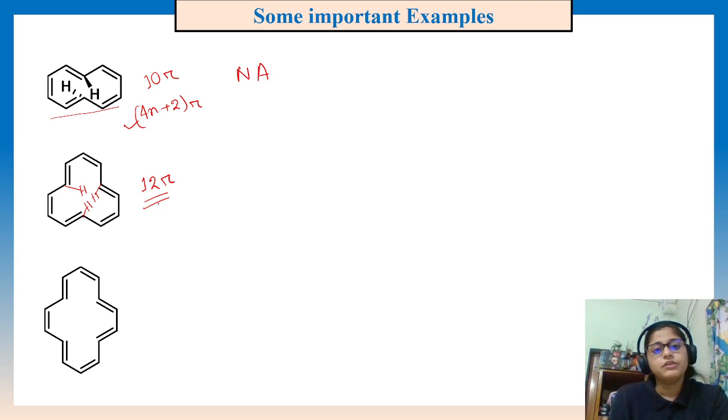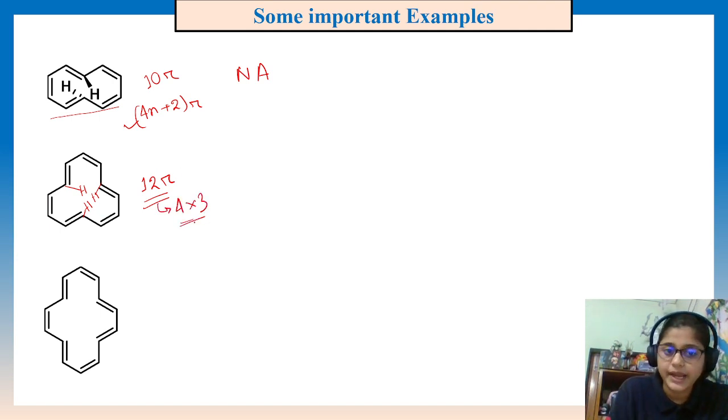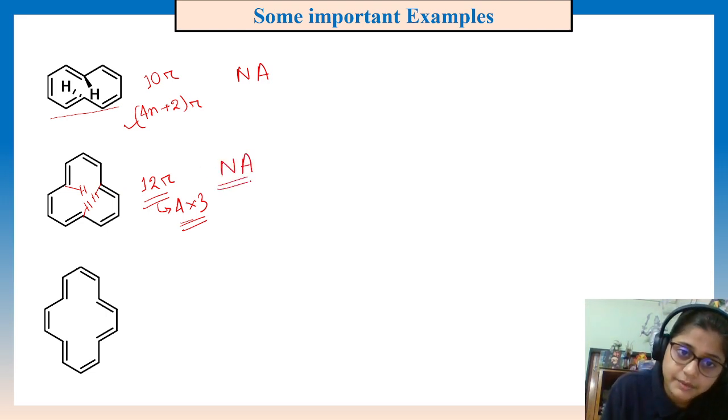It should be 4 into 3, the 4n number of pi electrons. But for the steric hindrance of this kind, these 3 hydrogens, it will be in a non-planar state. So it will be non-aromatic. Okay. Now coming to here. Here also hydrogens are there.